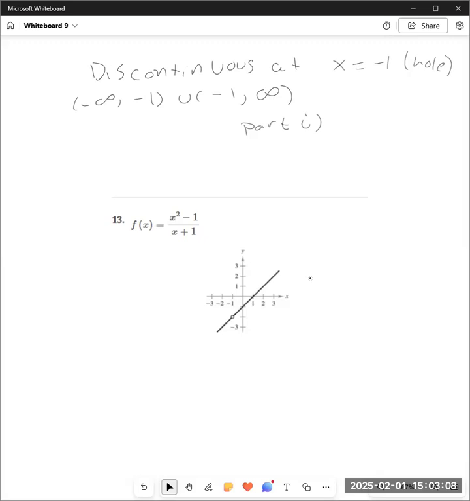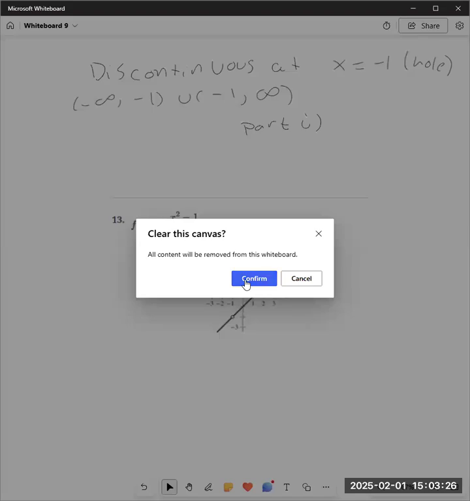All right. Let's go ahead and look now at number 17, which is not a picture again. And any kind of instructions for me to tell you where it is continuous, and anywhere where it's discontinuous for me to tell you why.